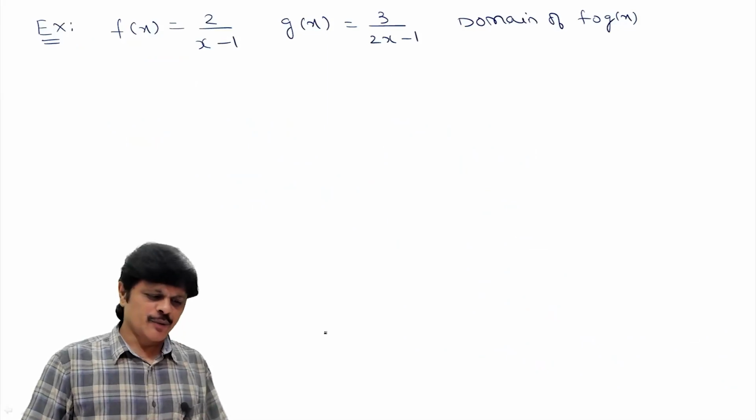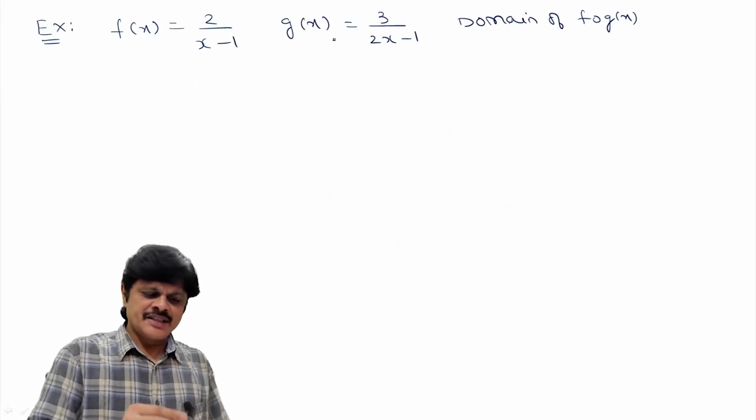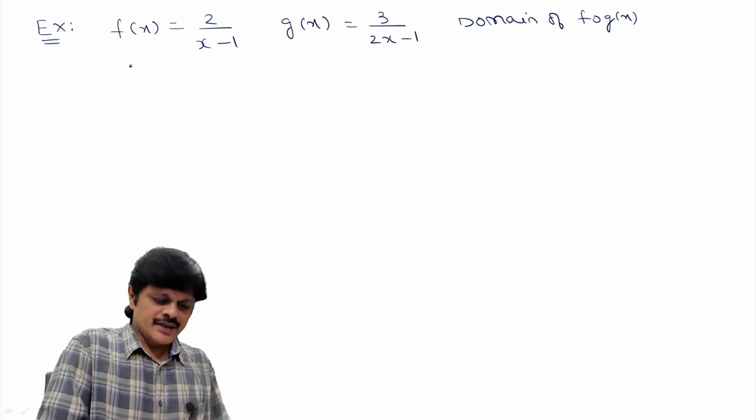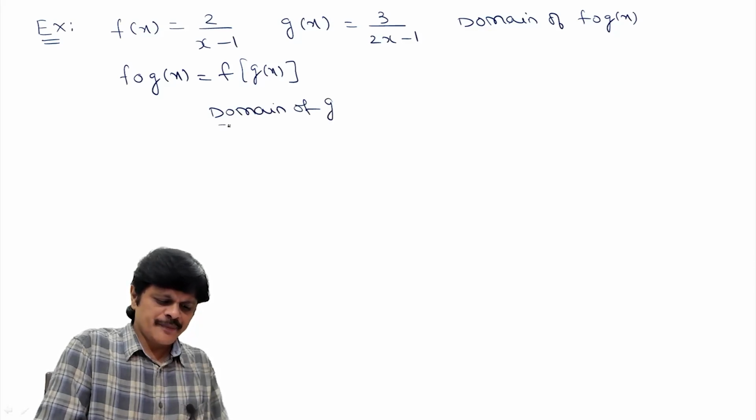Now let us see one more example. f of x is given, g of x is given. Find domain of f circle g of x. Okay, so f circle g of x means f of g of x. So what we do is first find domain of g. What is domain of g? You have to find that.